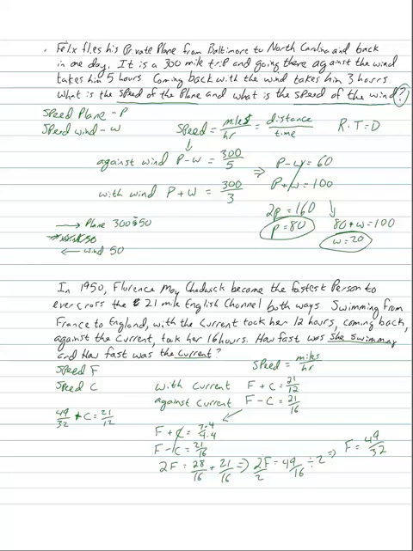Okay, so 21 over 12 is still simplified to 7 over 4. Find a common denominator. I'll multiply it by 8 over 8. So 49 over 32 plus C equals 56 over 32. So C is going to equal, subtract 49 over 32 from both sides, 7 over 32.